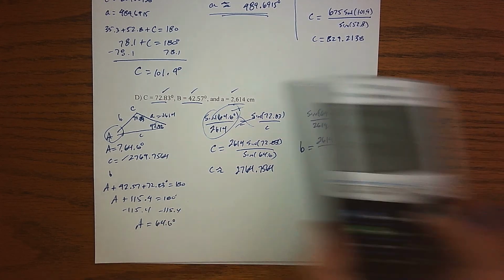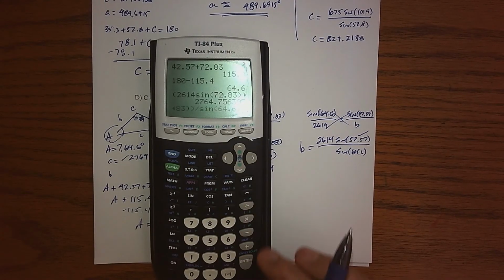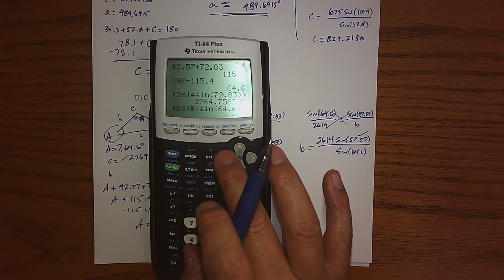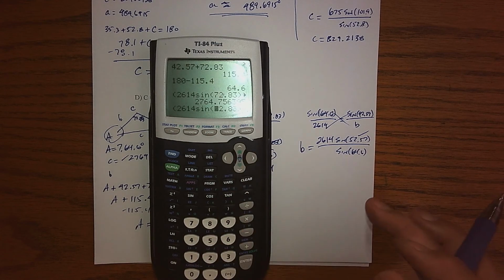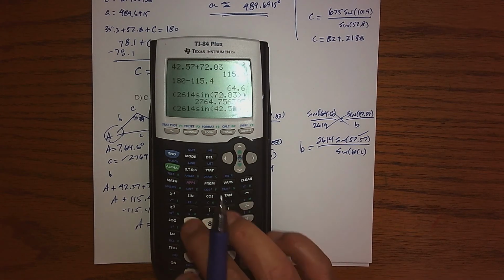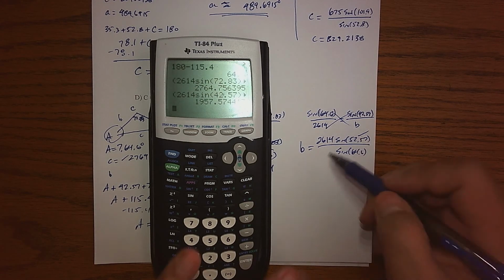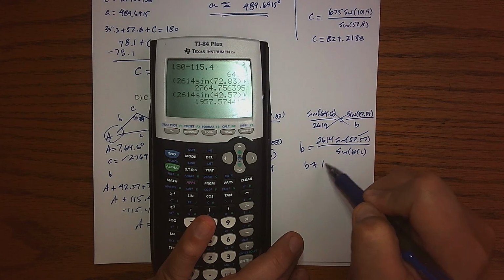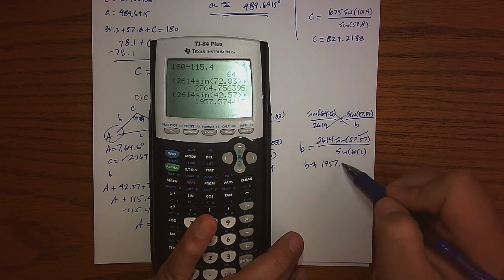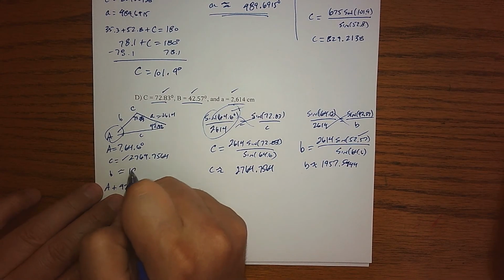So it's pretty much the same math, except that angle has changed. So come over here, change that 72.83 to 42.57. And what we get is B is roughly 1957.5744.